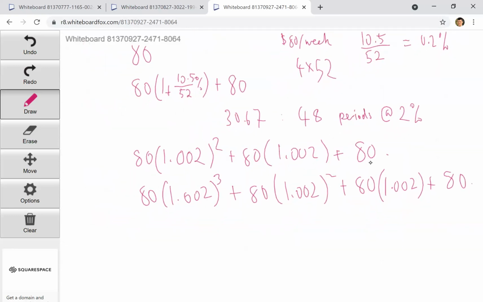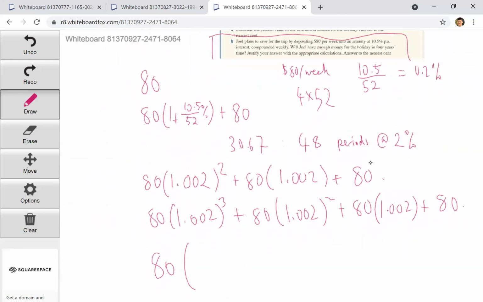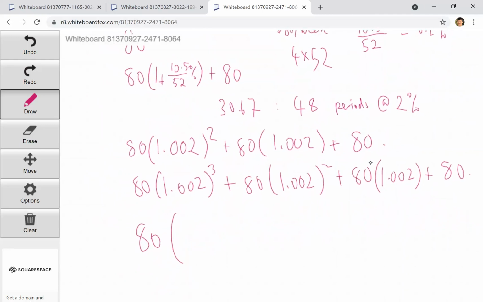So if you have 80, and you keep doing it all the way to 4 times 52, so that's like 208 periods, right?